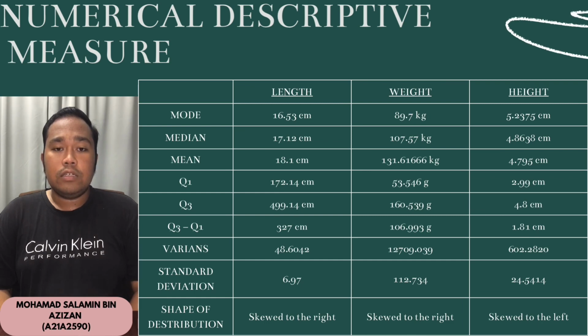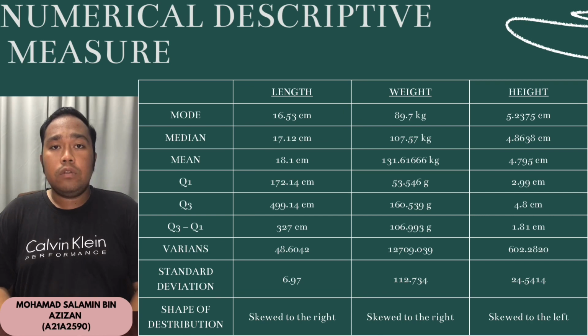The interquartile range is 106.993. The variance is 12709.039. The standard deviation is 112.734, and the shape of distribution is skewed to the right.